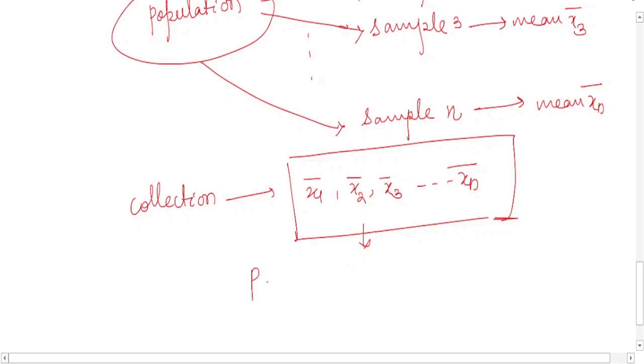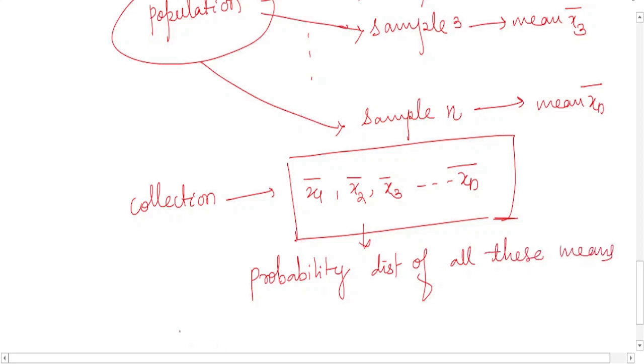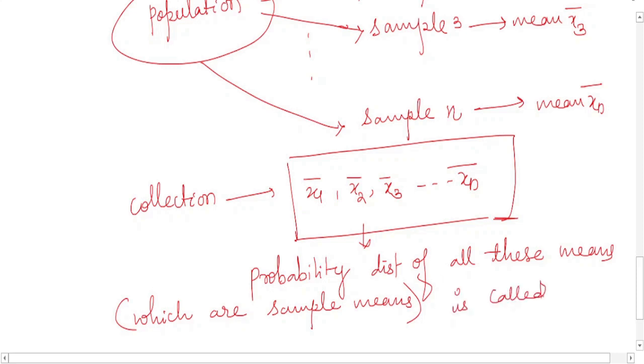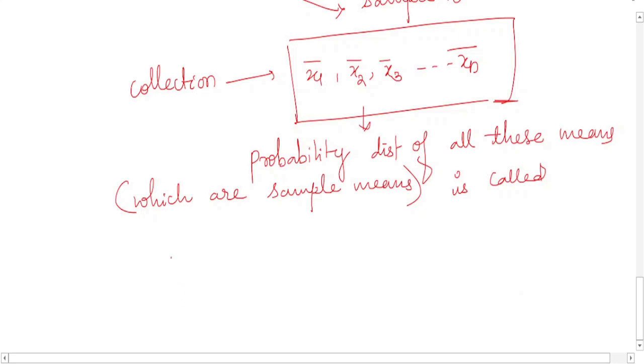So that is the probability distribution of all these means, which are sample means.